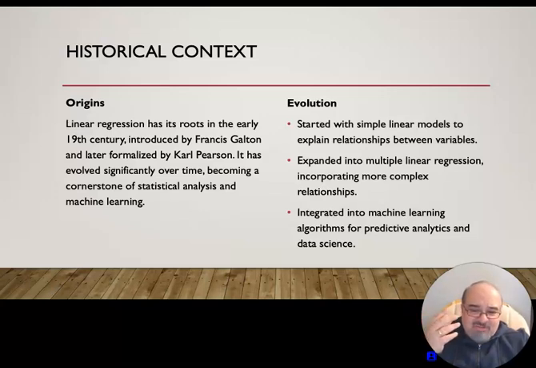Originally it started with simple linear models to explain relationships between variables, but then it quickly expanded into multiple linear regression, and that allowed for examining more complex relationships. Today, it's integrated into machine learning algorithms and plays a crucial role in predictive analytics and data science as well.